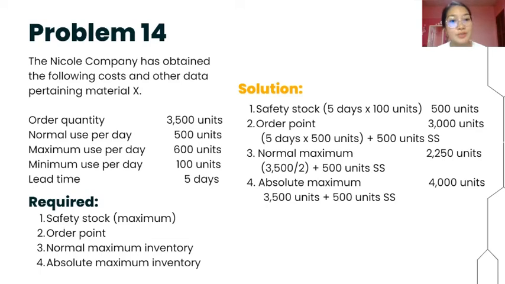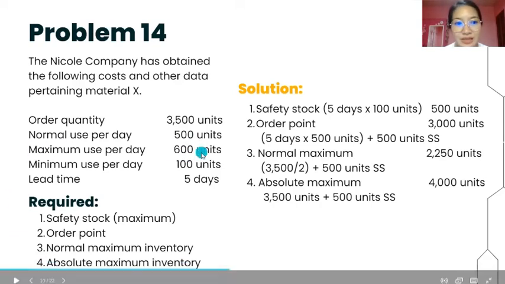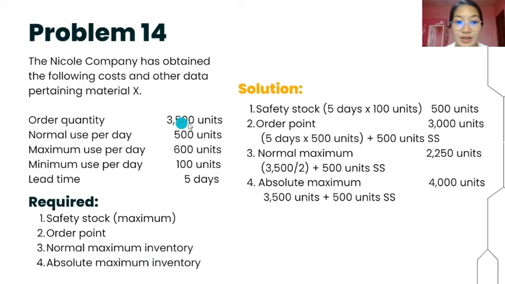For this problem, we assume that the average is the normal use. So the maximum of 600 minus the 500 normal is 100 units, multiplied by 5 days lead time.